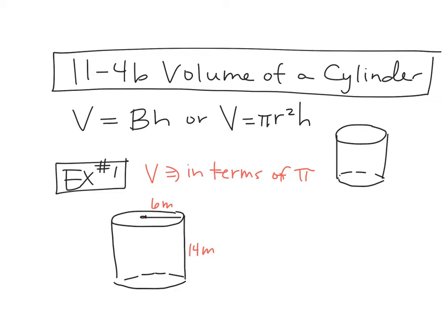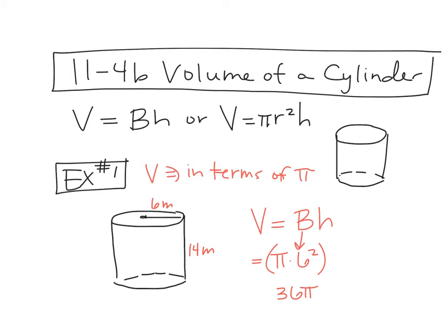What's that going to look like? If we're using this formula, what is B right now? Pi times the radius squared, right? So pi times 6 squared, which is 36 pi.